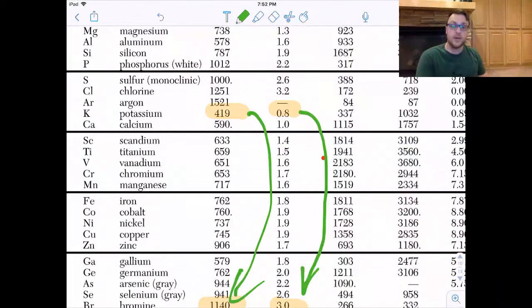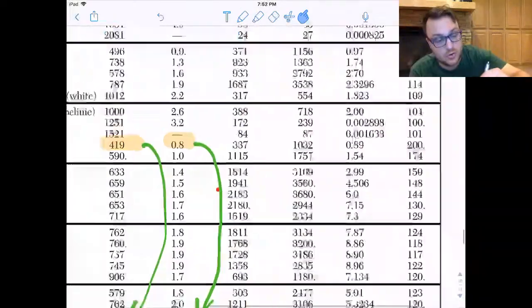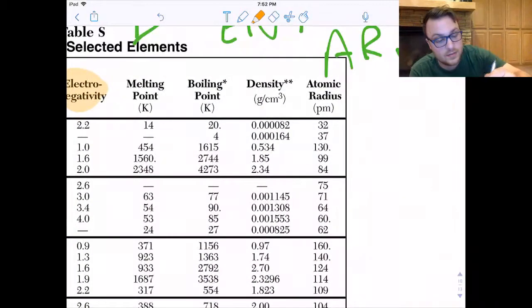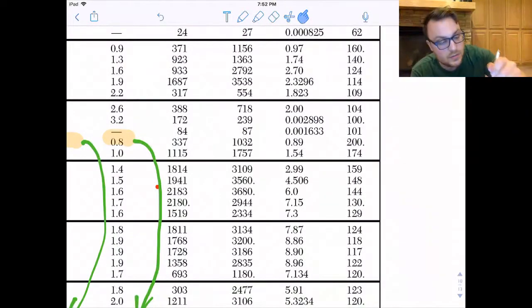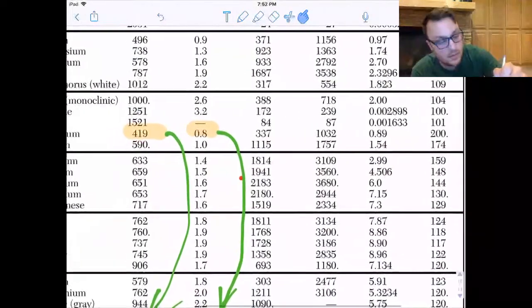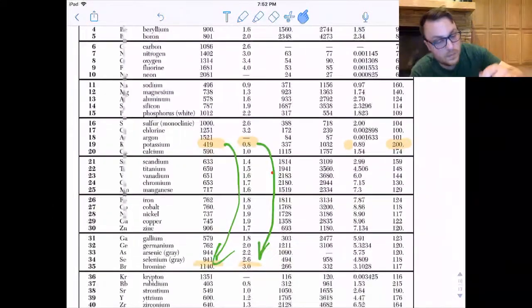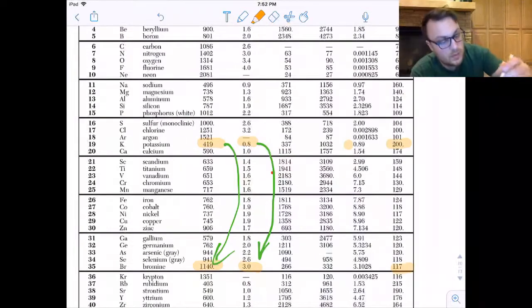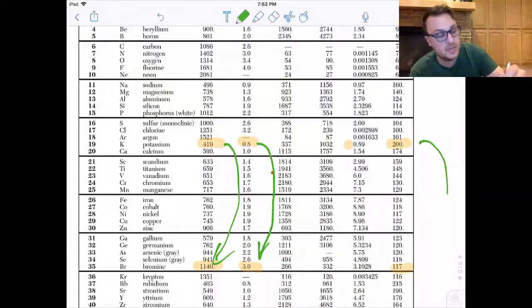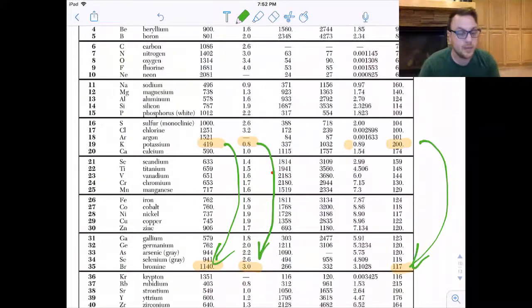And you can also do atomic radius, the other trend. So here's K. Here's Br. And again, generally speaking, as you go across the period, it tends to trend down. So that confirms the trends.